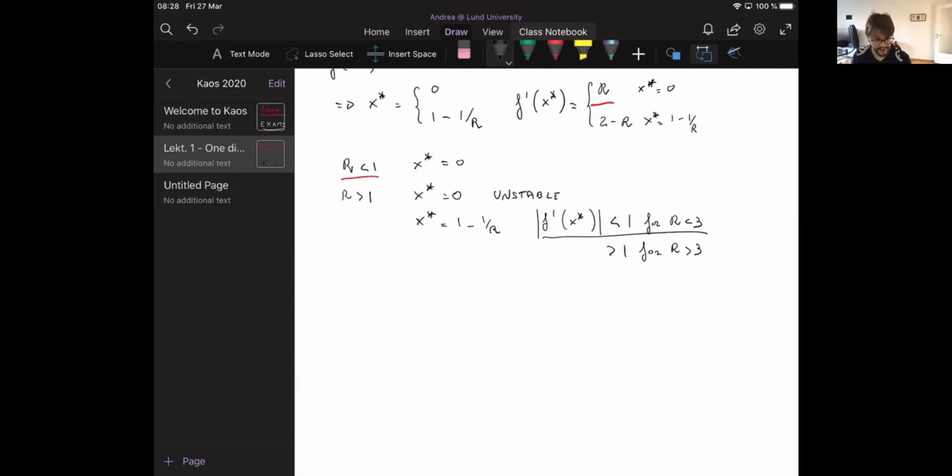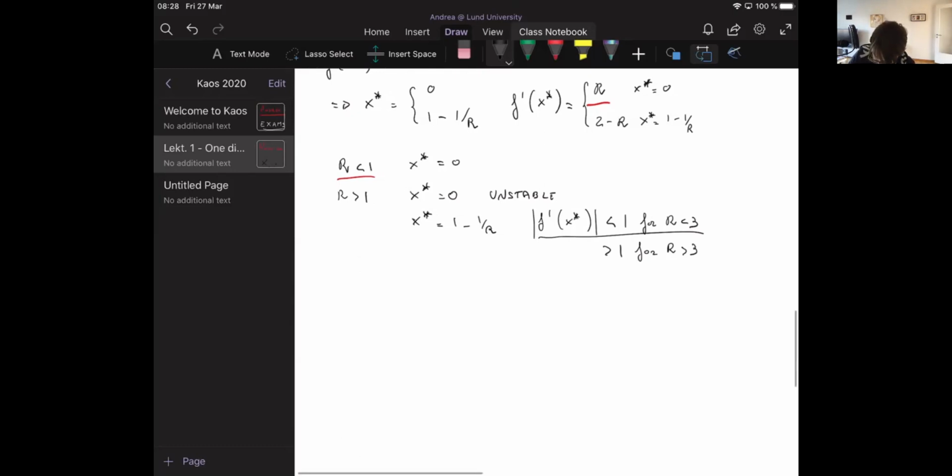So in the case that the system is oscillating 2 by 2, let's draw it here.